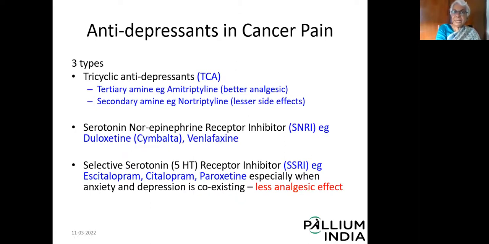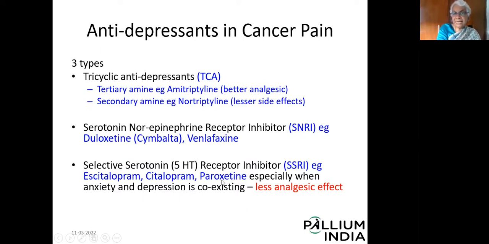Now, there are 3 types of antidepressants used in cancer pain. One is the tricyclic antidepressant, or TCA, which includes the tertiary amines like amitriptyline, or the secondary amines like nortriptyline. Or you have the serotonin norepinephrine reuptake inhibitor, or the SNRI, like duloxetine and venlafaxine. Or you have the selective serotonin reuptake inhibitor, or SSRI, like escitalopram, citalopram, paroxetine.